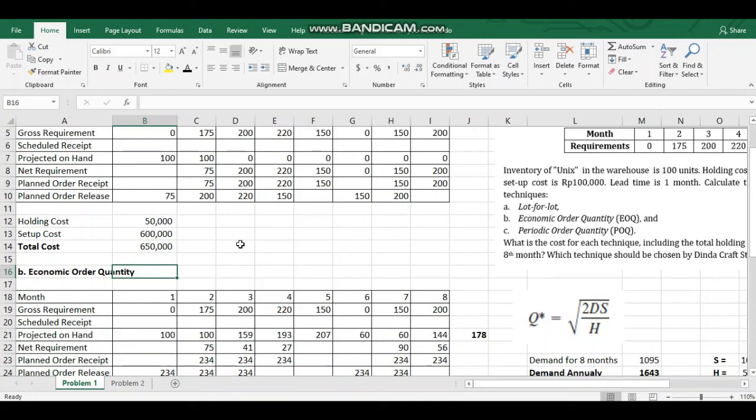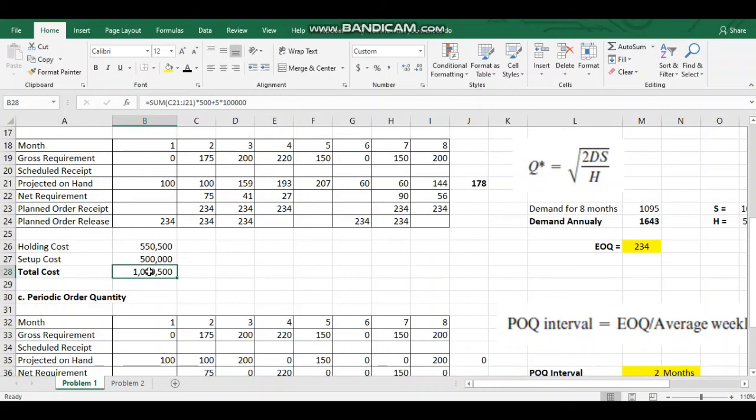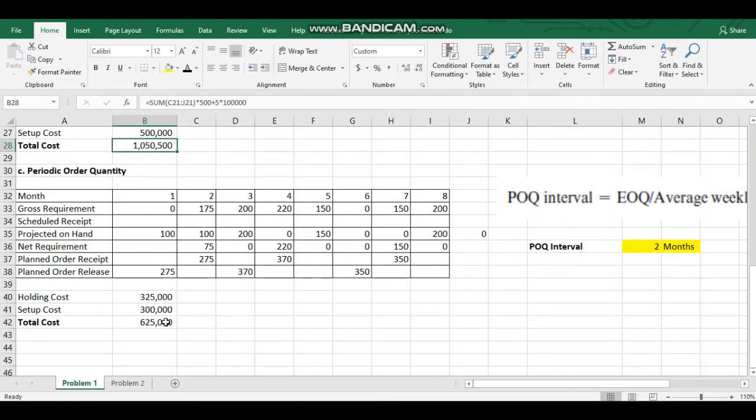Because we don't want to choose a costly technique, so we have to find the technique which has the lowest cost. The other is 650 thousand, over 1 million, so this is the lowest one. So Dinda Craft Store should choose periodic order quantity to make a lot sizing decision. So that's it for problem number 1.